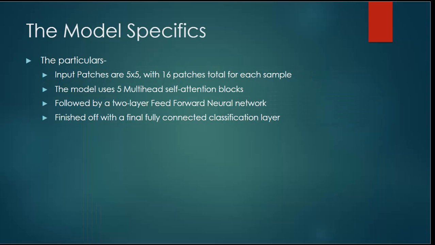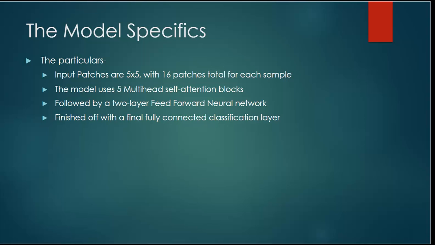All right, so the model specifics. For this particular model, the input patches are 5 pixels by 5 pixels. This ultimately leads to 16 patches total being created for each sample.